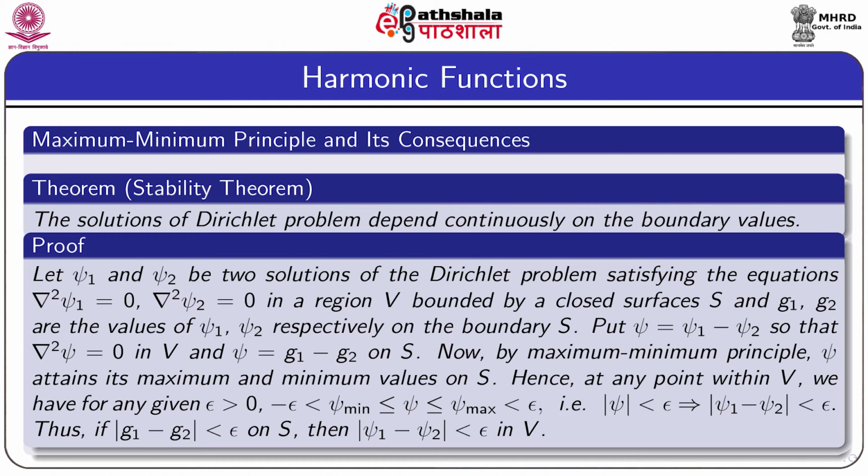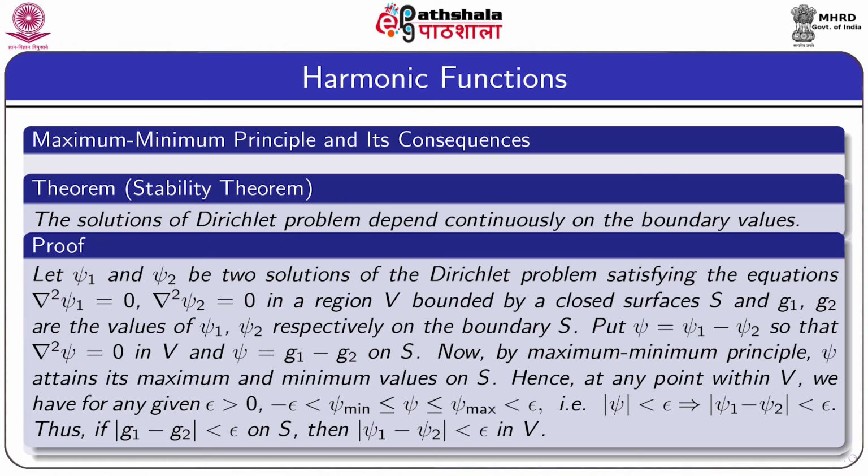Proof: let psi 1 and psi 2 be two solutions of the Dirichlet problem, where psi 1 satisfies the equation grad square psi 1 equals 0 together with the boundary condition psi 1 equals G1 on the boundary S, and the other solution psi 2 satisfies the Laplace equation grad square psi 2 equals 0, and it also satisfies the boundary condition psi 2 equals G2 on the boundary S of the region capital V.